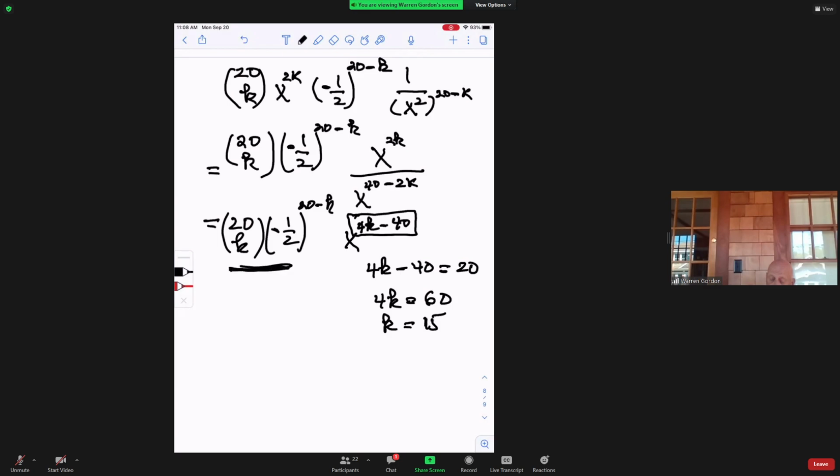Here's my coefficient. So the coefficient, therefore, is 20 choose 15, minus 1/2 to the 20 minus 15. Oops, k is 15, right? So let me just erase that.